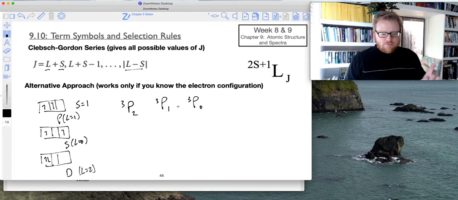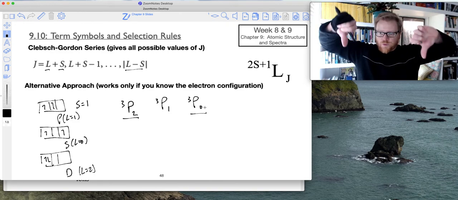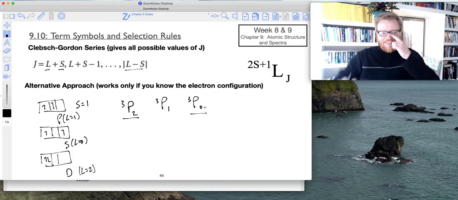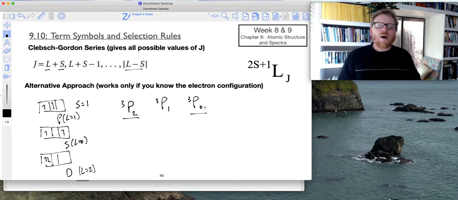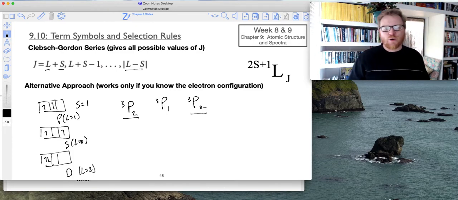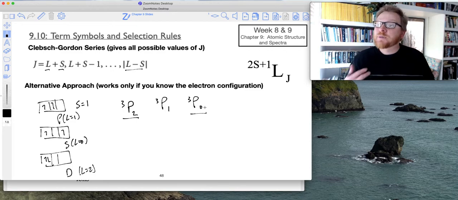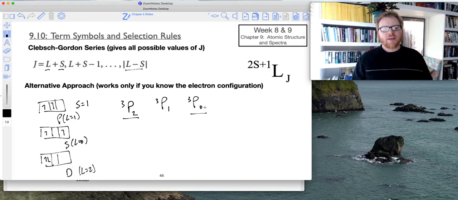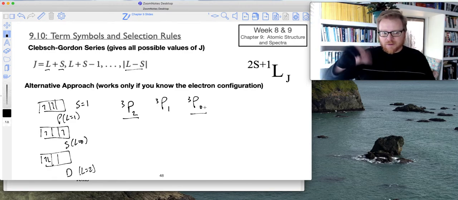So what I meant to say was the triplet P1 state becomes less important because it's this triplet P2 that's really describing both of them being up, and the triplet P0 that's really describing both of them being down. However, these still really aren't observed to create splitting that we observe in doublet states when you only have one possibility, okay?